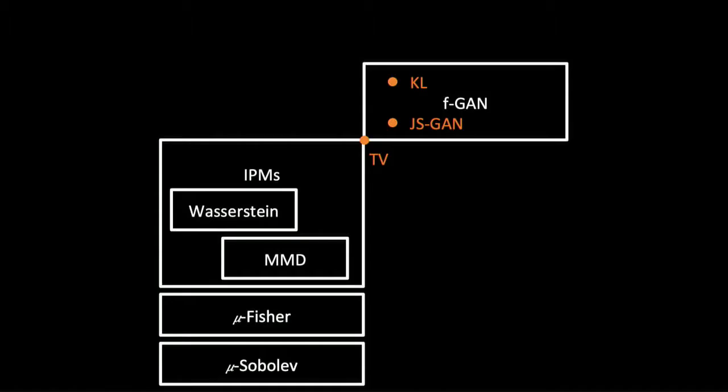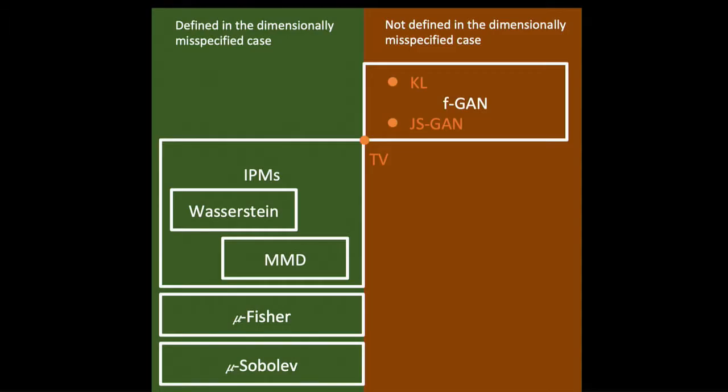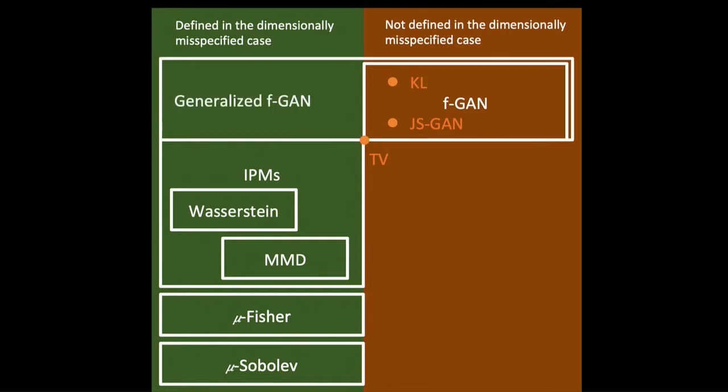So they apply in the dimensionally misspecified case, or they need further assumptions on densities, which will be this part, and that will give us new ways to generalize these divergences to the more general setting, to the misspecified case. So that will be our final picture. That will be our set of divergences, and now we build up these divergences incrementally and discuss them in this order. Make sense?